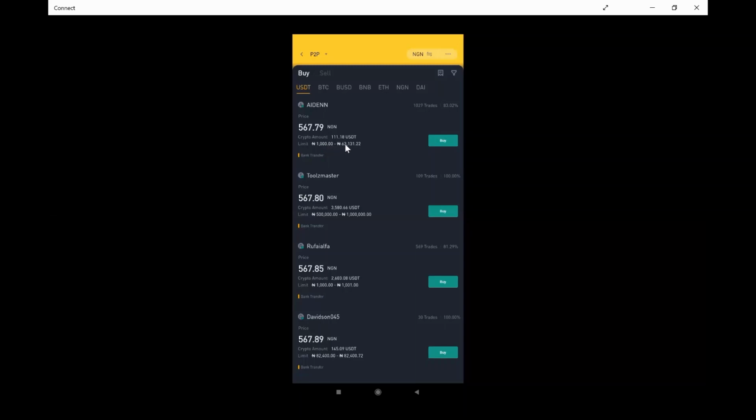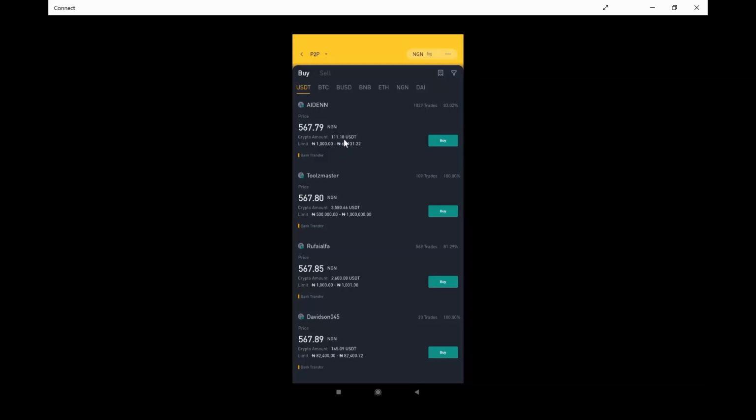And if you want to buy 64,000 naira worth of USDT, you can't do business with Aiden, because his upper limit is 63,131. It means he doesn't have enough to cover that. Are we getting it? I'll take it again. The limit is the range within which the seller is willing to do business. The minimum USDT he's going to sell is 1,000 naira worth.